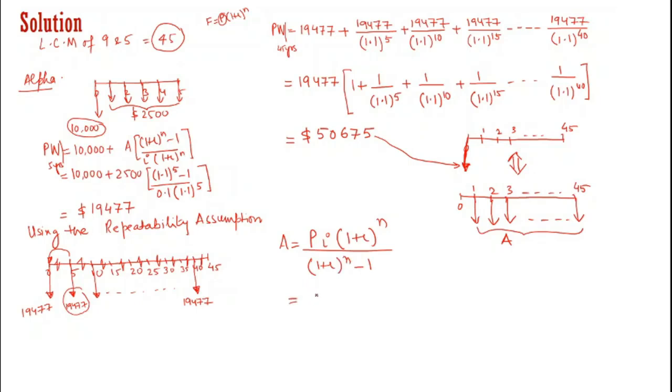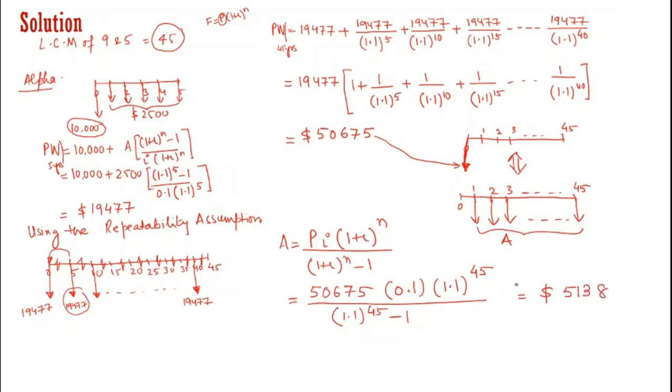Filling up the values, P is given as 50675, i is 0.1, 1.1 to the power 45 over 1.1 to the power 45 minus 1. So this comes out to be $5138.